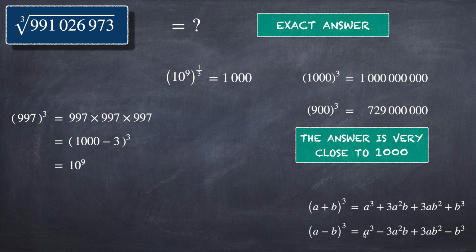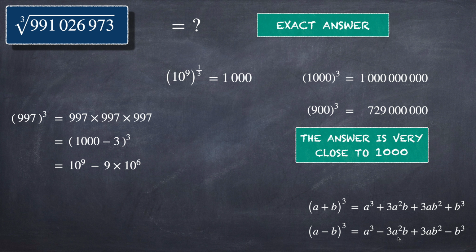The cube of A, so in this case, A is 10 to the third and B is 3. So the cube of A is 10 to the 3 raised to the third power. So this is 10 to the 9. The next one, minus 3 times B. B is 3 as well. So 3 by 3 is 9, times A squared.